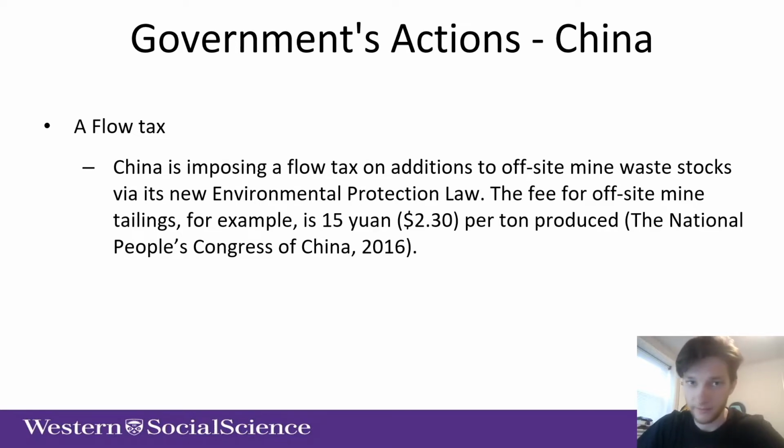In China, for example, they have implemented a flow tax on mining companies. How this tax works is that off-site mine waste stocks are taxed per quantity. So for every ton of pollutants produced off of a designated site, it's a $2.30 fine in American dollars.